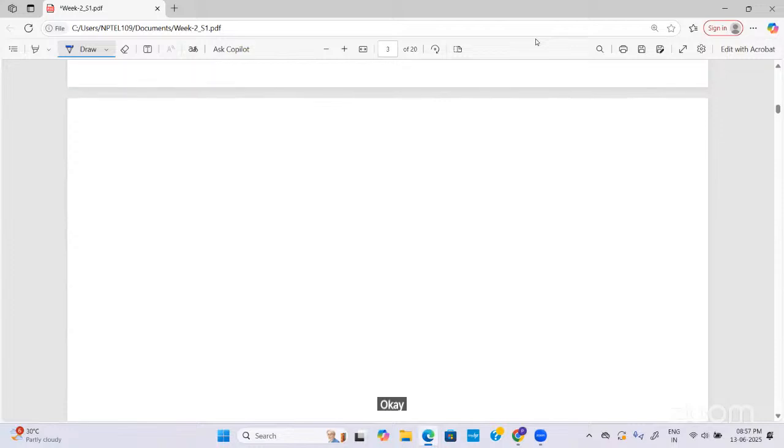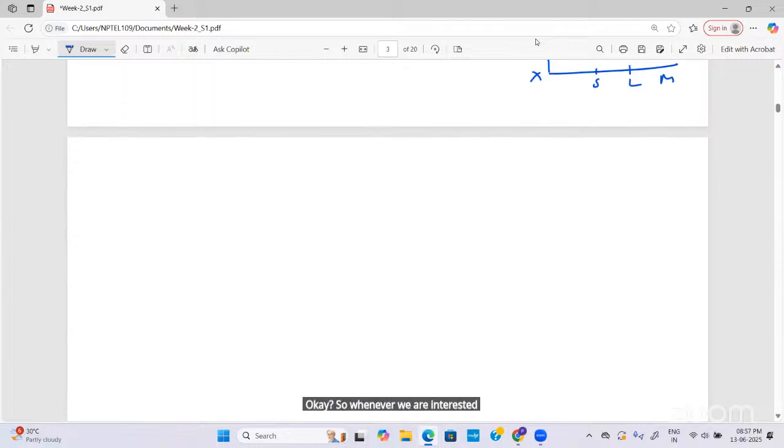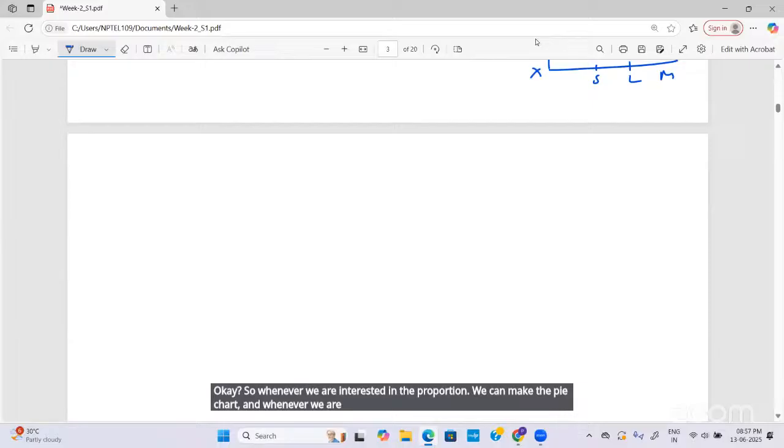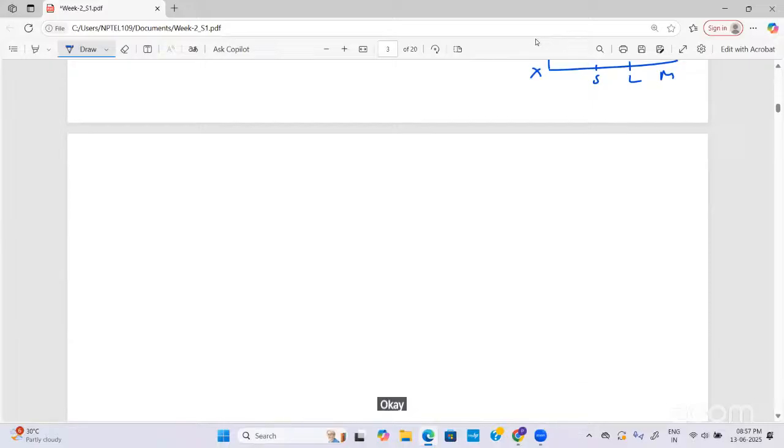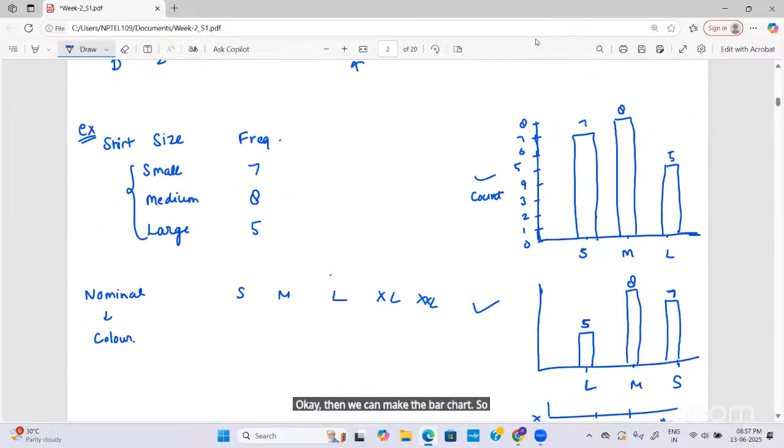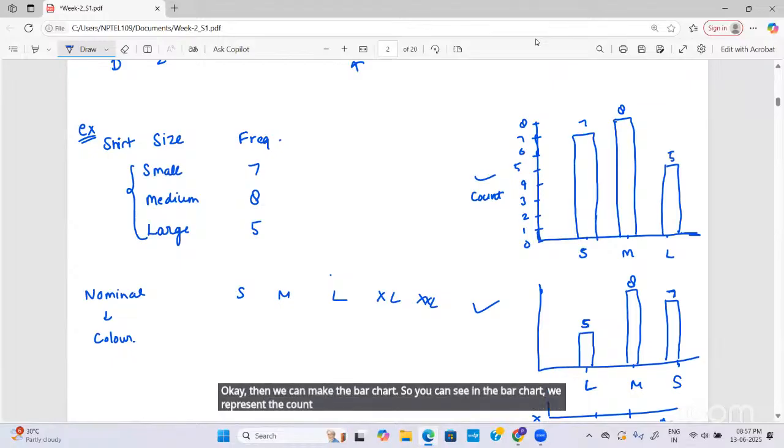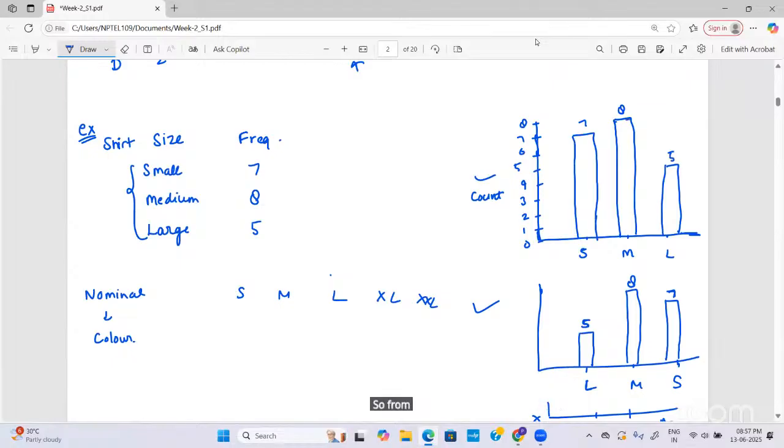Whenever we are interested in the proportion, we can make the pie chart. Whenever we are interested in the count, we can make the bar chart. In the bar chart, we represent the count or the frequency, so from here we can directly see how many times the medium size shirt is there.